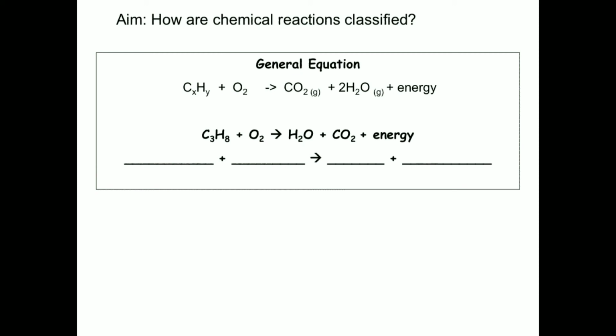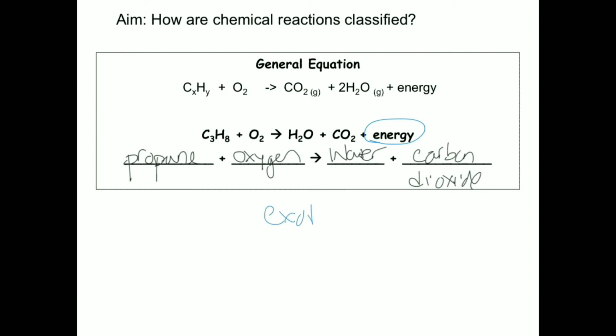So in the reaction below, we have propane reacting with oxygen to produce water and carbon dioxide. Notice in a combustion reaction, energy is a product. That is because combustion is an exothermic process. Now take a minute to see if you can classify the reactions that follow.